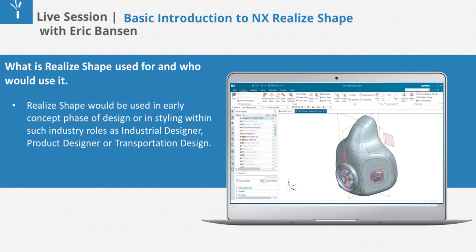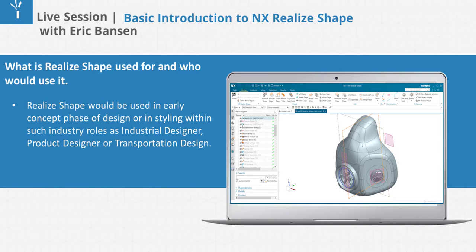Now, what is Realized Shape used for and who would use it? Realized Shape would be used in the early concept phase of design or in styling, within such industry roles as an industrial designer, a product designer, or someone in transportation design.